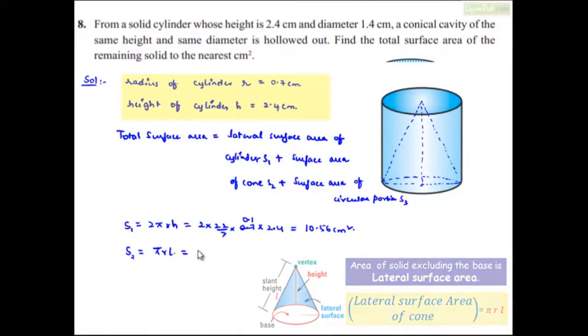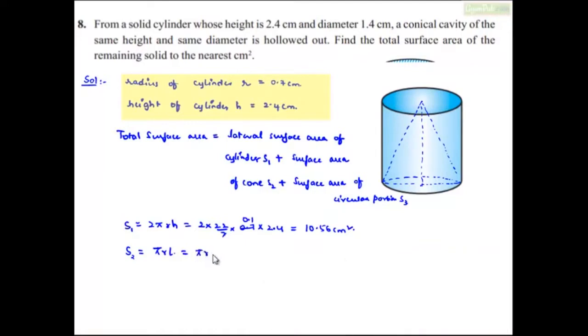Now the surface area of the cone S2 is equal to pi r L, where L is the slant height here, that is equal to pi r into the square root of radius square plus height square, which is equal to pi value 22 by 7 times r value 0.7 times square root of 0.7 whole square plus 2.4 whole square. 7 goes in 0.7, 0.1 times.